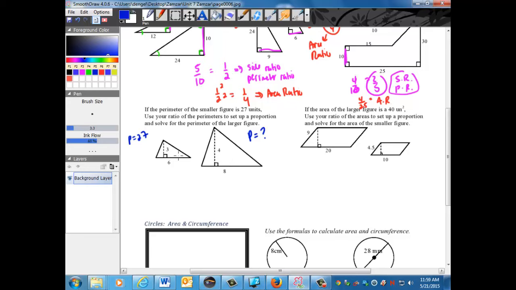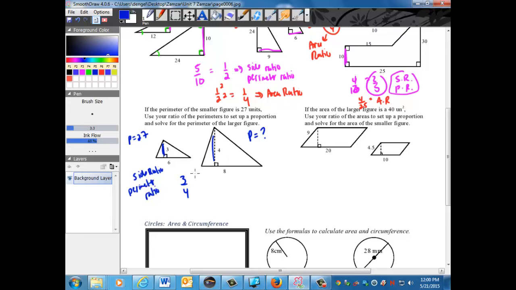But we do know the height, and we do know the base. So what I can do is I can set up a side ratio. So we look at our height of 3 and 4. I'm going to use 3 over 4. Now remember, 3 over 4 stands for a side ratio. It also stands for a perimeter ratio.